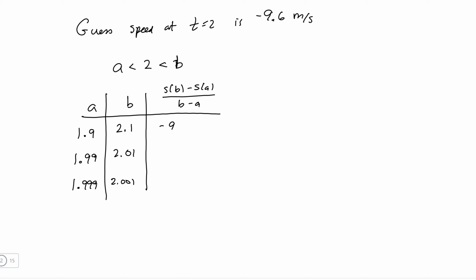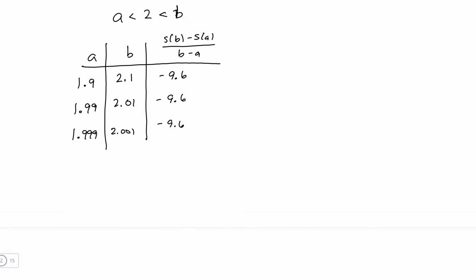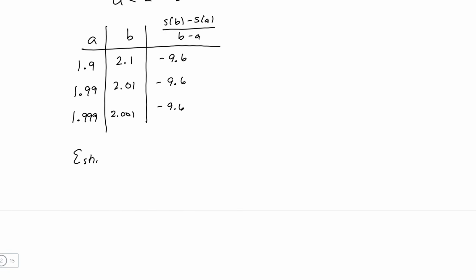If we fill these in, we actually get minus 9.6 every single time. That tells us our estimate's pretty good. So we'll take our estimate for the speed at t equals 2 seconds to be minus 9.6 meters per second.